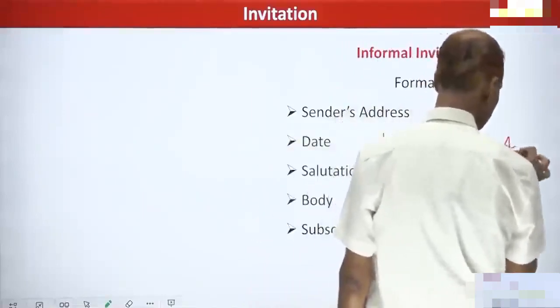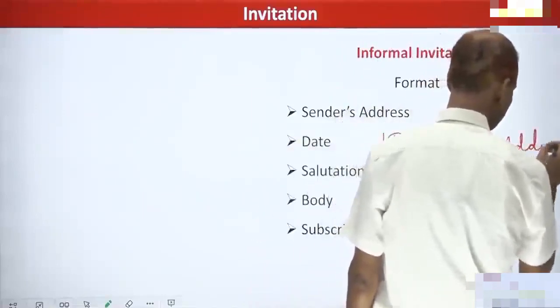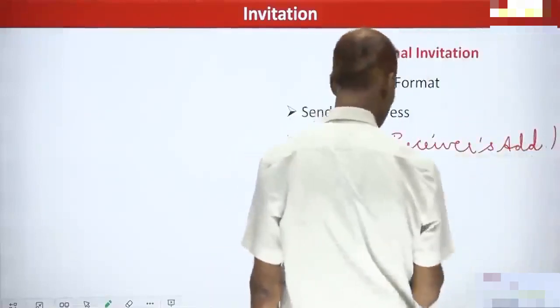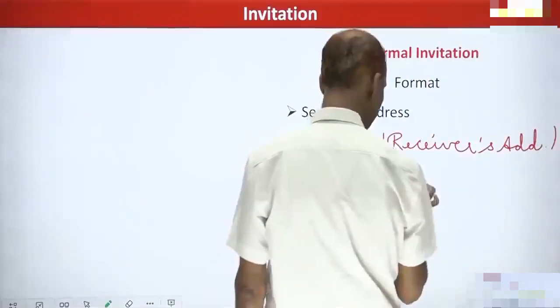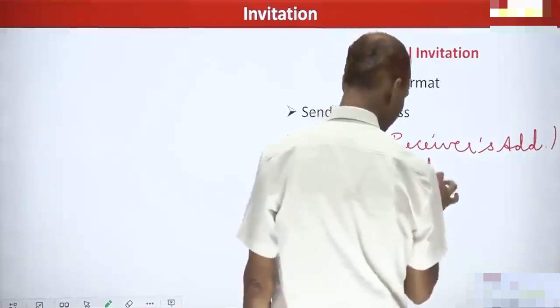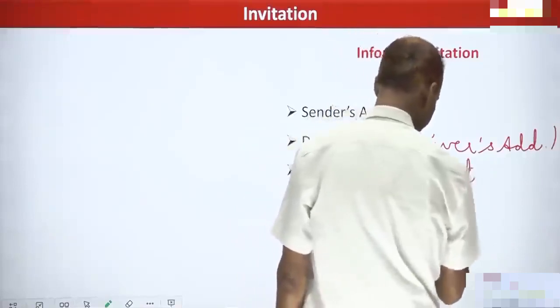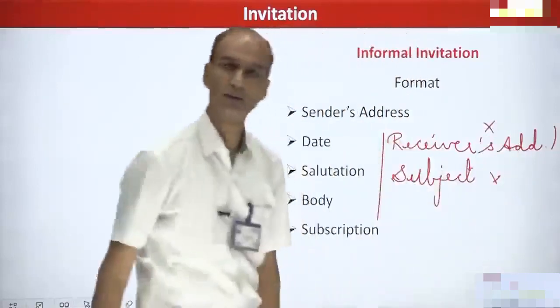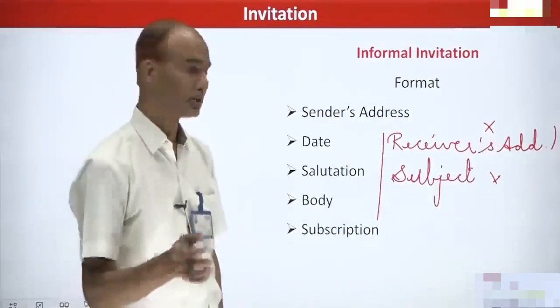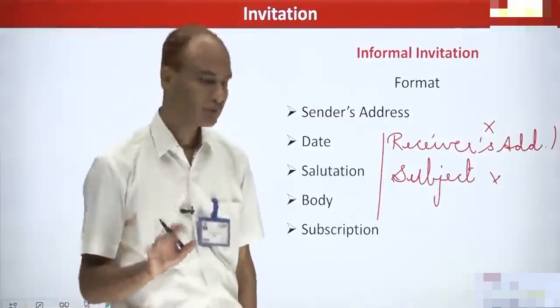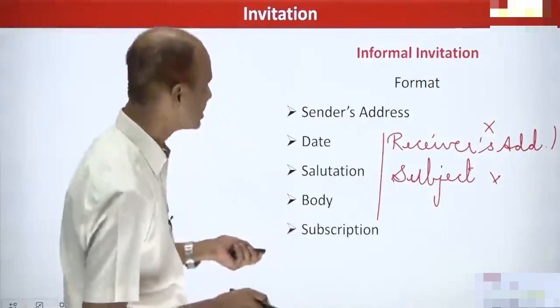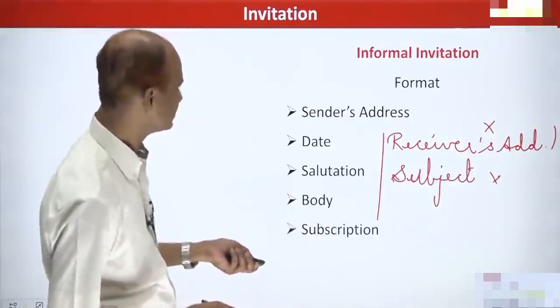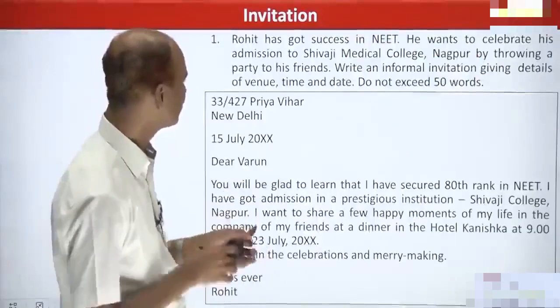Receiver's address and no need of subject. These two things are to be avoided. So that's the only difference. Other things are quite same. Okay. The language is simple. So this is what we follow.